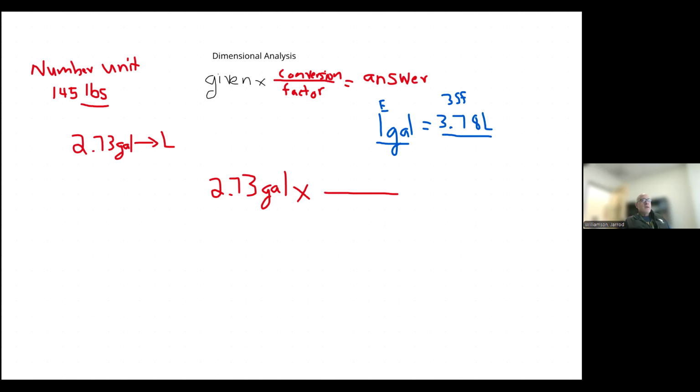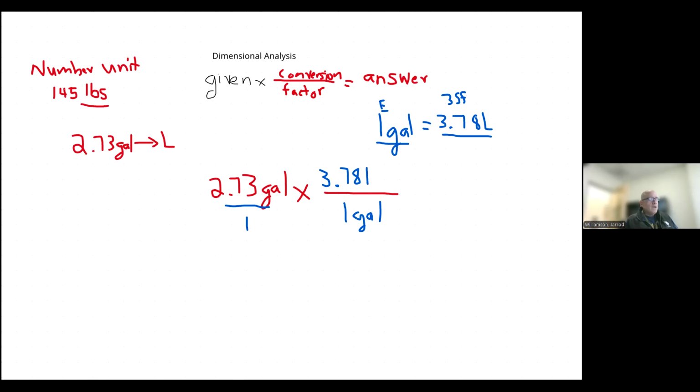Okay. This has gallons already, and this is kind of like 2.73 gallons over 1. That's what that means. So what I'm going to do is I'm going to take this 1 gallon and I'm going to put it on the bottom of this fraction here. So I'm going to write exactly 1 gallon. And I'm going to take this piece, 3.78 liters, and put that on the top.